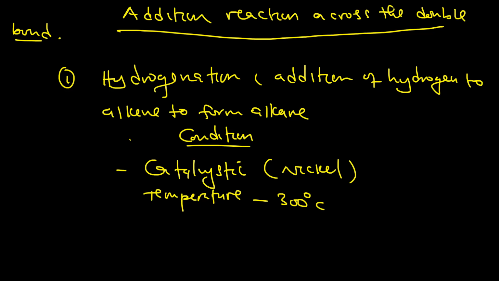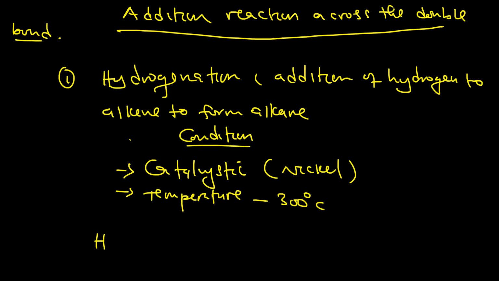So, addition reaction across the double bond under alkenes: one of them is hydrogenation, where there is an addition of hydrogen to alkenes to form alkanes. The conditions are the catalyst, nickel, and a temperature of 300 degrees Celsius.